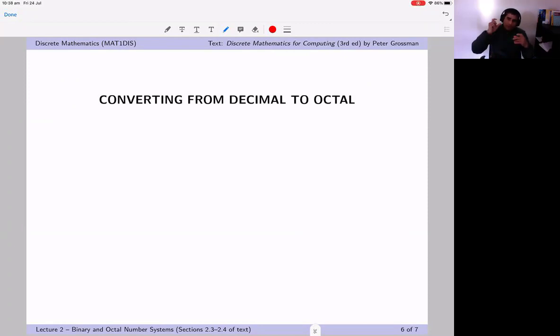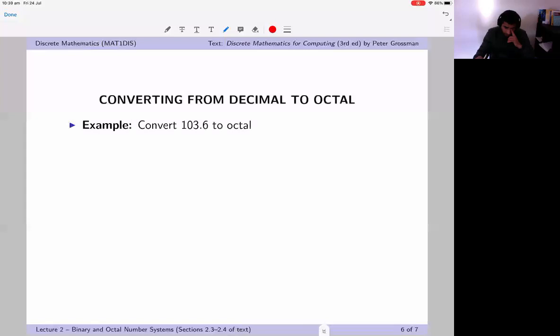If it's an integer, you divided by 2 successively and noted all the remainders, right? And with the fractions, you multiplied by 2 and noted down the carried-forward place values. Now here, exactly the same process. Instead of 2, you would have 8.